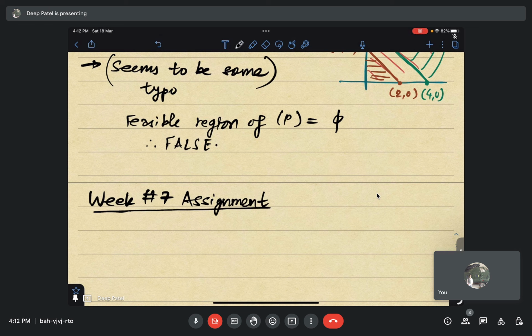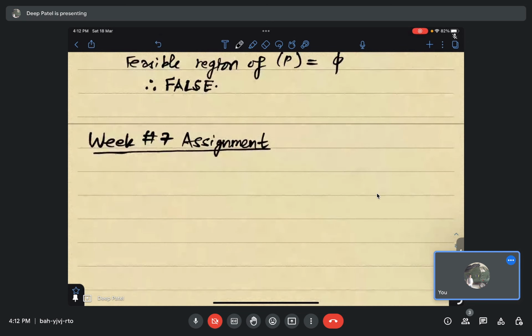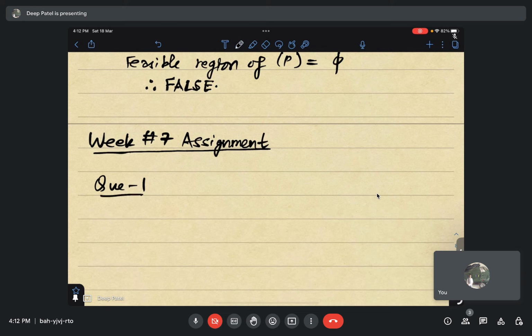Is it very applicable in problems? Not that I'm aware of. You might see some alternate proofs, that's where I've seen it being used. Other than that, personally I haven't seen applications of it. Okay, so we'll just dive into the questions and then solve a few more based on whatever time we are left with.